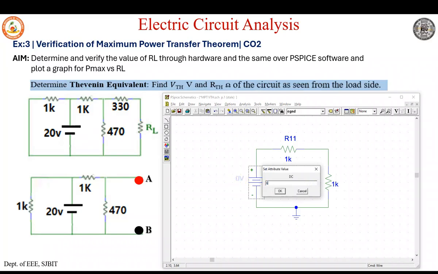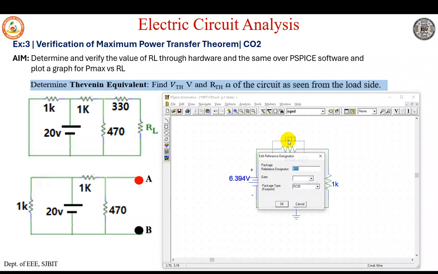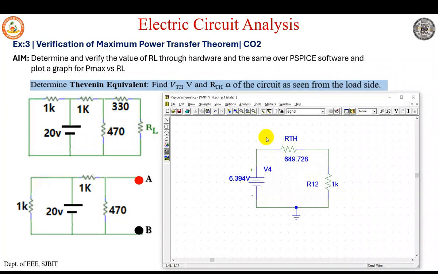VTH was 6.394 volts and RTH was 649.728. Let us rename this as RTH. And now to simulate for the graph, let us set the value of this resistance, that is RL, in flower brackets as capital R and capital L, and close the flower brackets.